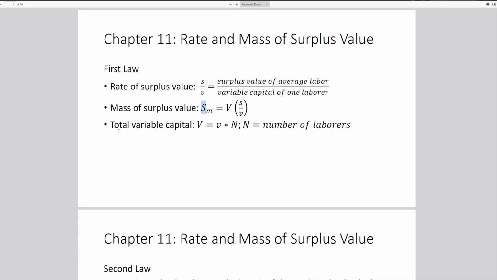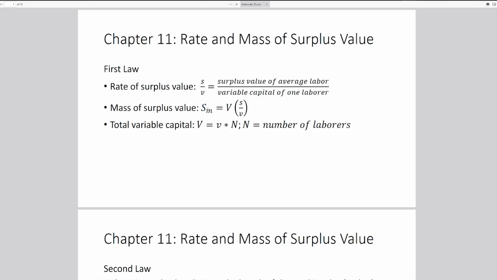Your total variable capital is all of your wages added up together. So you could rewrite this as N times s, since little v and little v cancel. I think that would also give you the mass of surplus value.